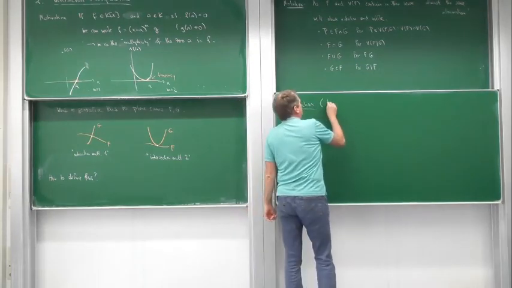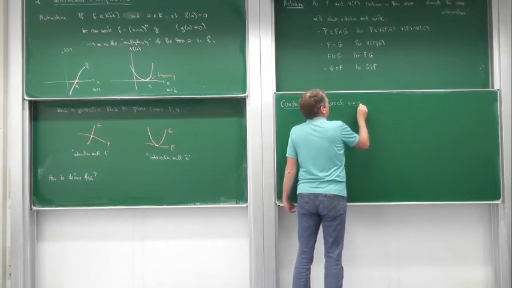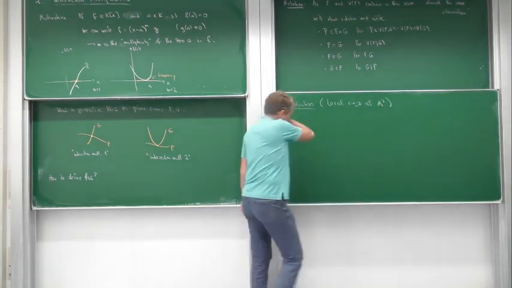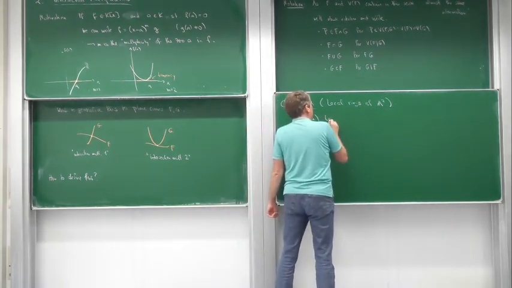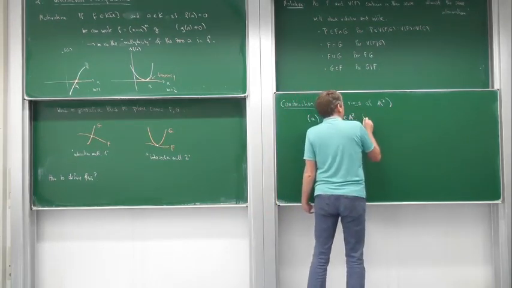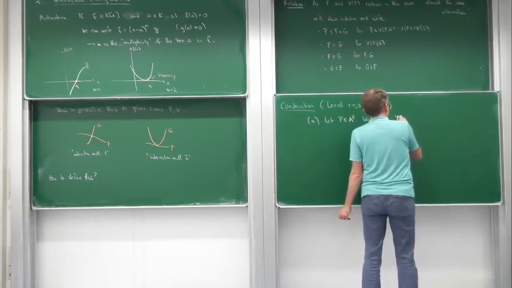Namely, there is something that we would call local rings of the affine plane. And that works as follows. So let's say we pick a point in the plane. So let P be in A2. And we define the local ring of the plane at P. That's its name.